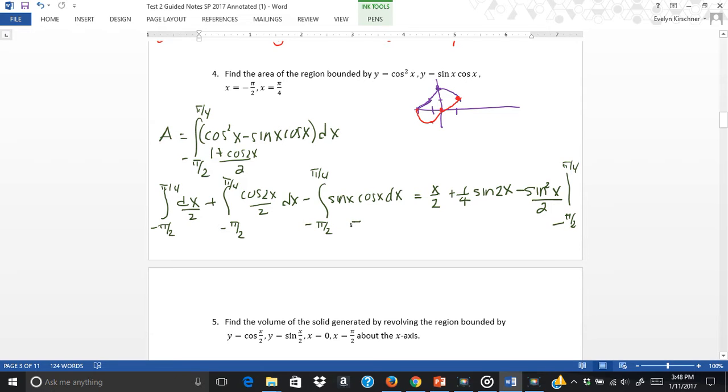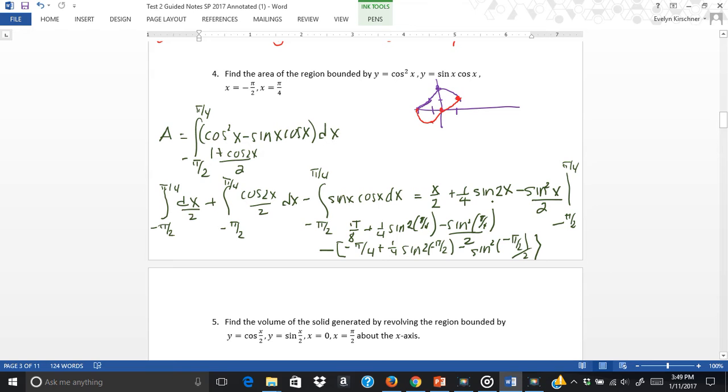So I have pi over 8 plus 1/4 sine of 2 times pi over 4 minus sine squared pi over 4 over 2, minus negative pi over 4 plus 1/4 sine of 2 times negative pi over 2 minus sine squared of negative pi over 2 over 2.